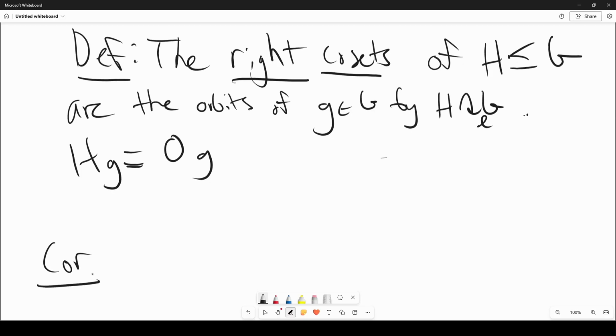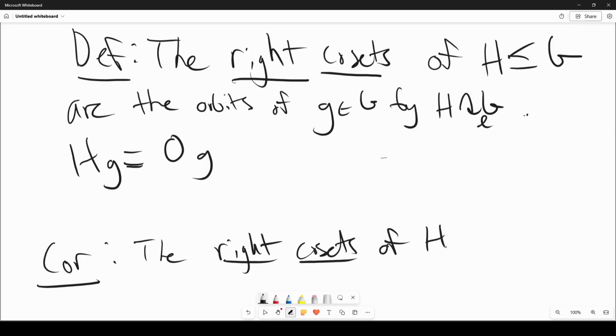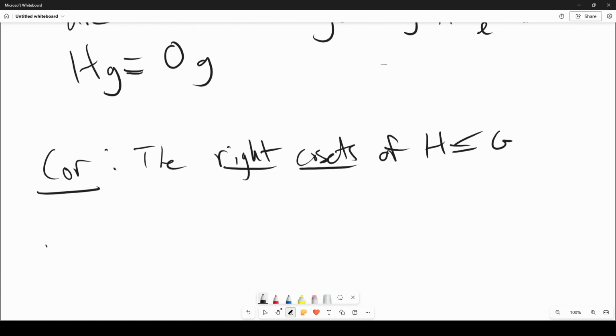Okay, so a quick corollary of this definition is that the right cosets of H as a subgroup of G must form a partition of G. This is clear from all that we've just proved because the right cosets are orbits, which form an equivalence relation, so they have to form a partition of our set, which we're thinking of as G here.